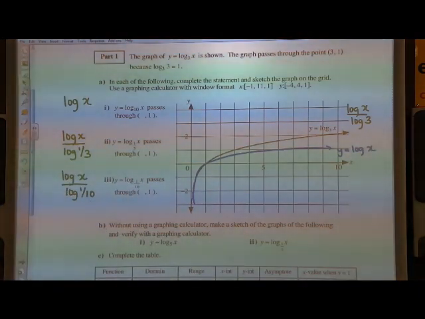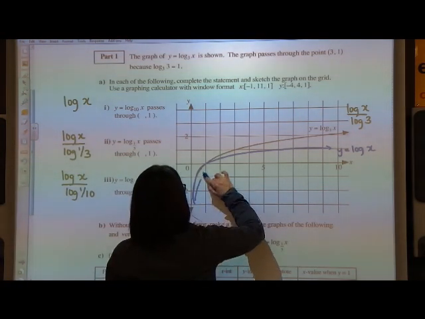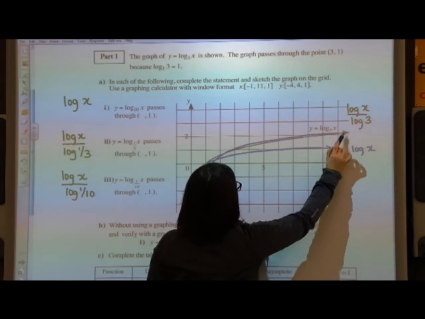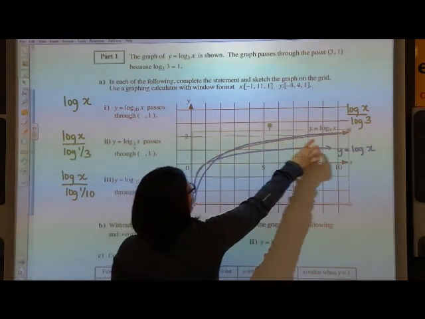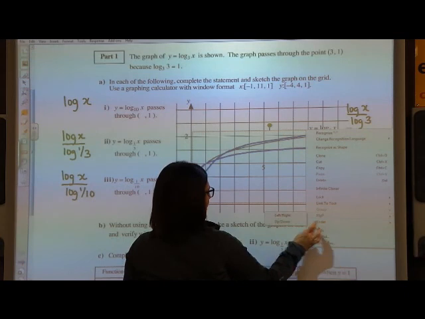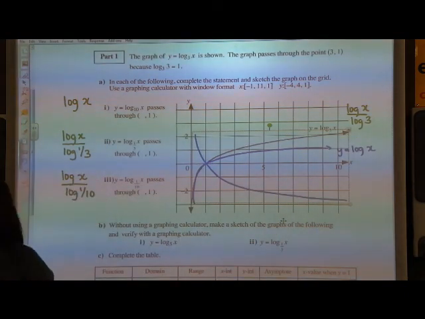And then when I graph log base 1/3 of x, what do you notice about that graph? How would you describe log base 1/3 of x? It curves the other way. If I went like this, is it a reflection? A flip. Is that kind of what it looks like?